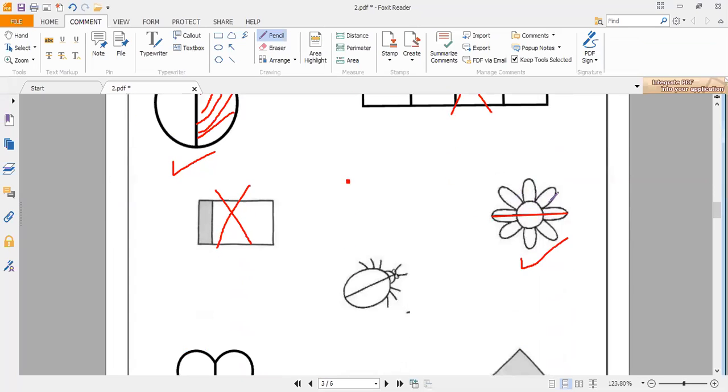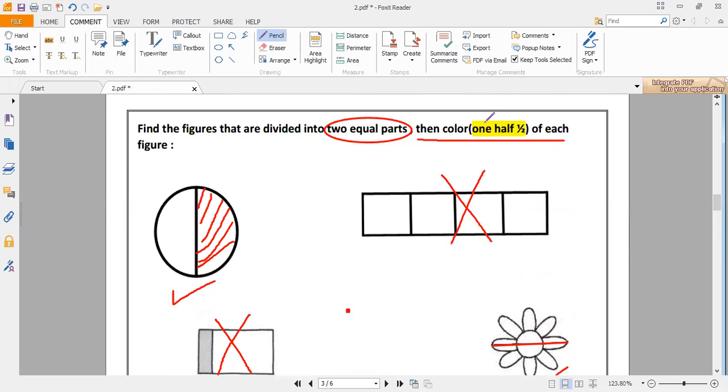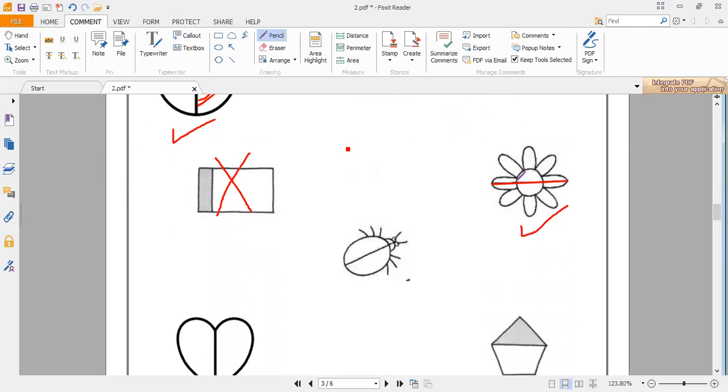So how many parts am I going to color here, Ruqayya? How many parts am I gonna color in this flower? 2. Two? No, I said 1/2. The word one, okay Ruqayya, means color one part. 1/2 means color one part. So here I'm going to color one part of the flower, okay? This part. Okay.